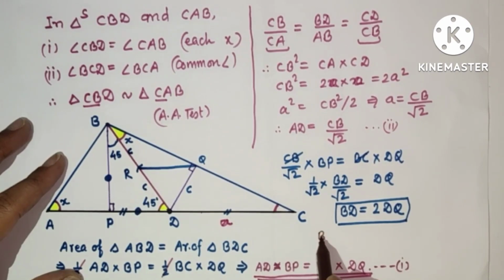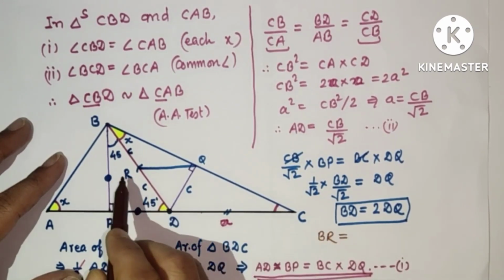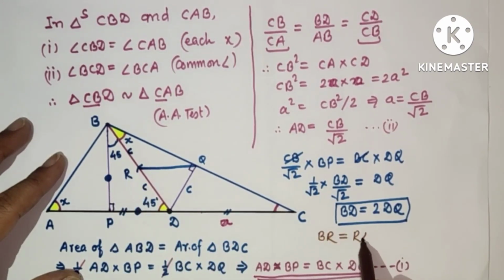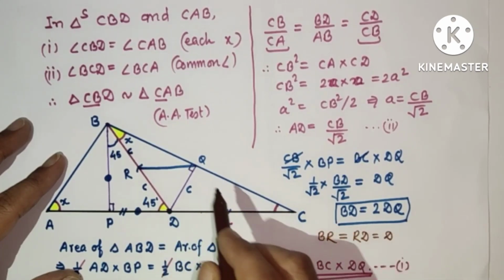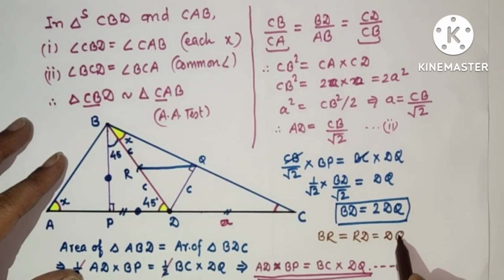This BR is equal to RD is equal to DQ and each is C.